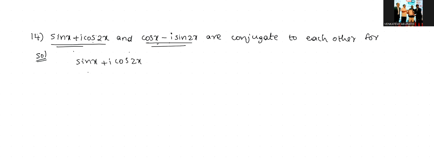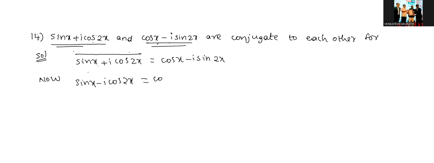The conjugate of this one is cos x minus i sin 2x. Now, the conjugate of this one, we can write by removing the bar: sin x minus i cos 2x is equal to cos x minus i sin 2x.